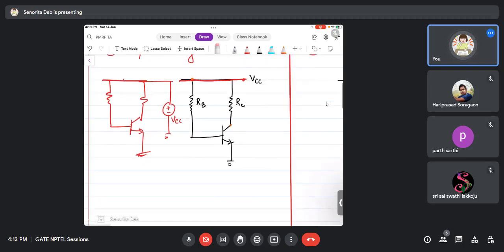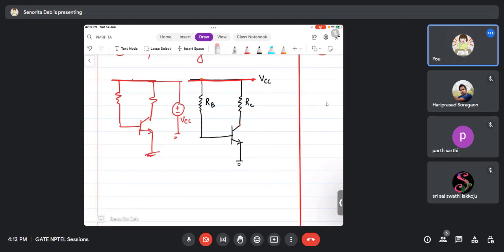Please don't get bored if you know all these things, because I don't know your knowledge level right now, so I'm just quickly summarizing. Remember this polarity. Whenever it is given as minus VCC, it means it is negative with respect to ground.